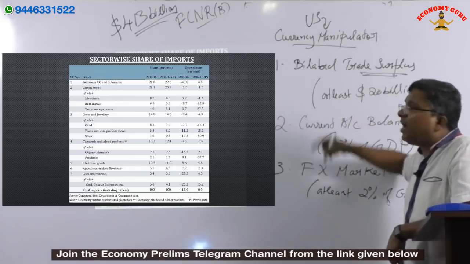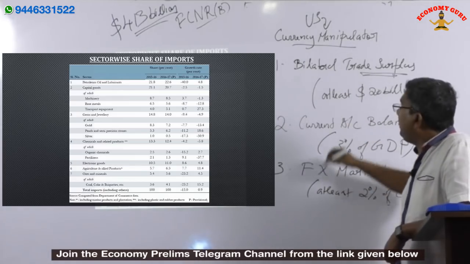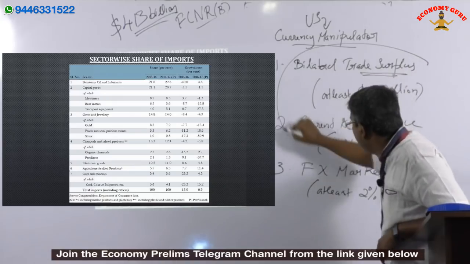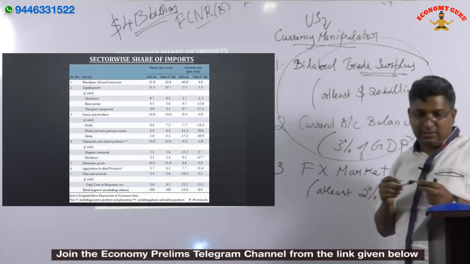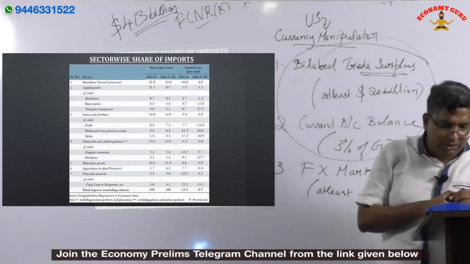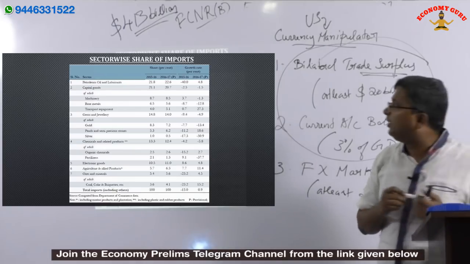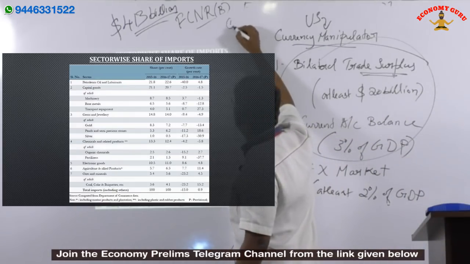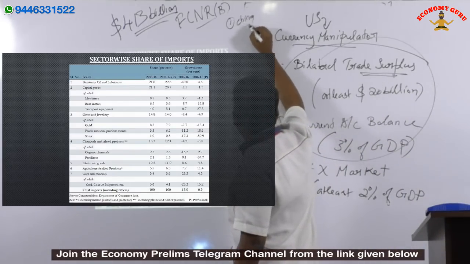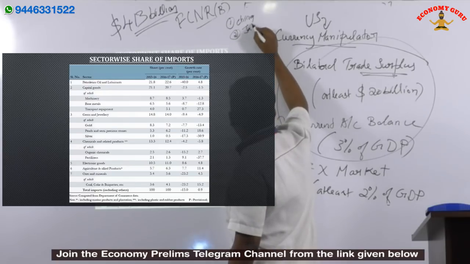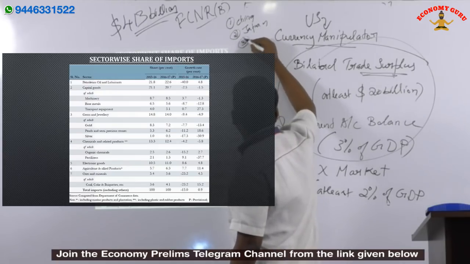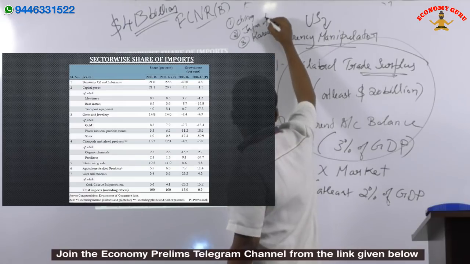So normally a country can't be called a currency manipulator. But now the US, by using these two categories, has put some countries under the watch list, what is called the monitoring list. The economic survey says countries like China, Japan, South Korea, Germany, Taiwan and Switzerland, six countries in all, have been put on the monitoring list.